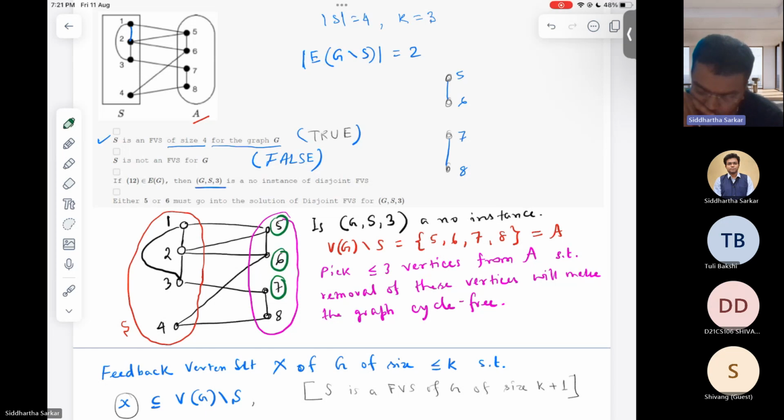So after the deletion of these edges, do you see any cycle in the remaining graph? Okay, so there is a problem here. So you are able to see the cycle, right?